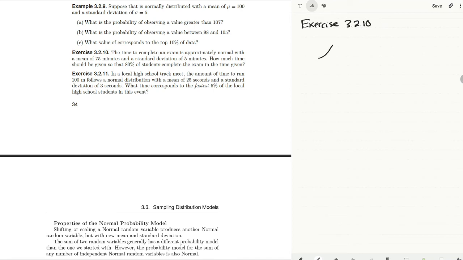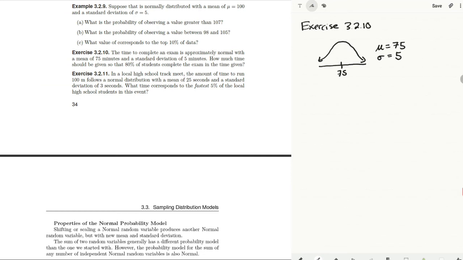So we have a mean of 75 minutes and a standard deviation of 5 minutes. So we want to find the time so that 80% of students can complete the exam.